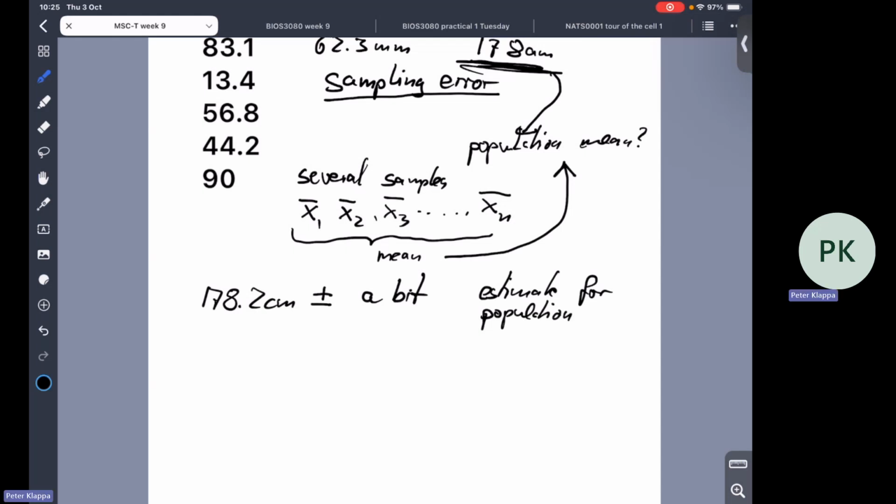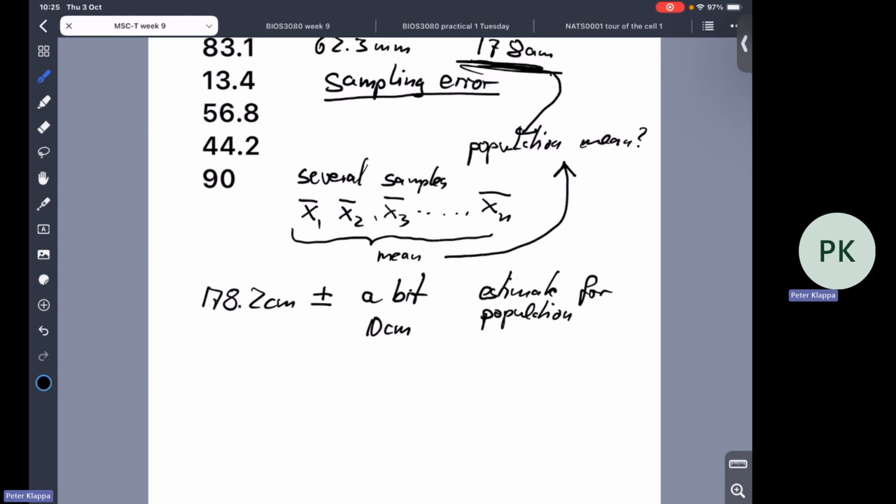So instead of saying the population mean is 178.2 centimeters, I say it is 178.2 centimeters plus minus 10 centimeters, for example. Yeah? So plus minus, let's say, 10 centimeters.